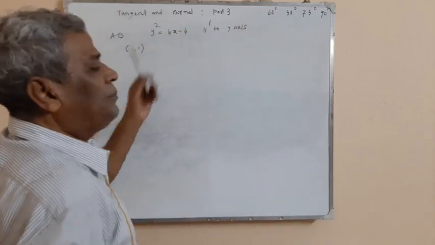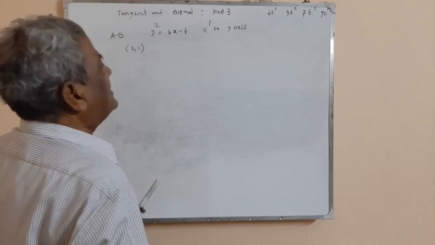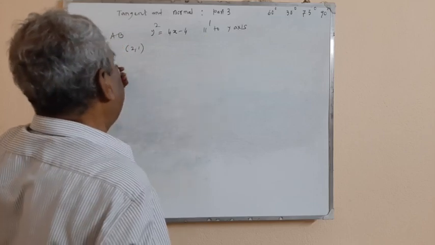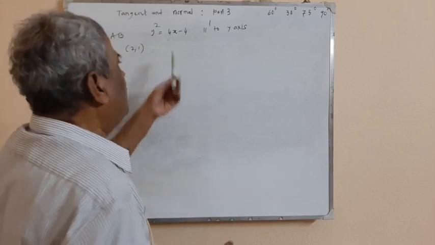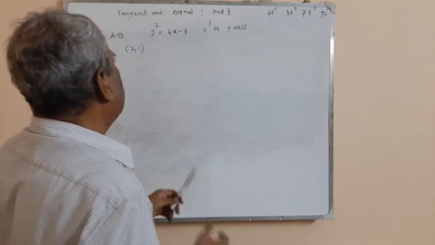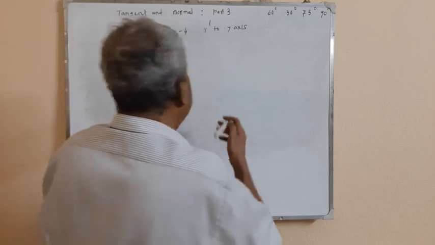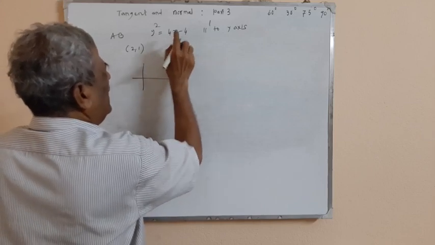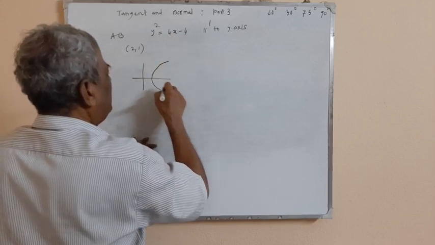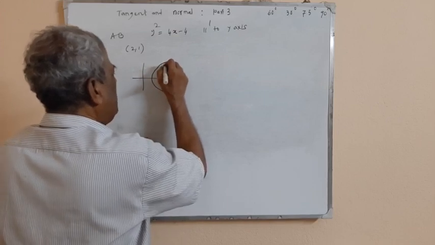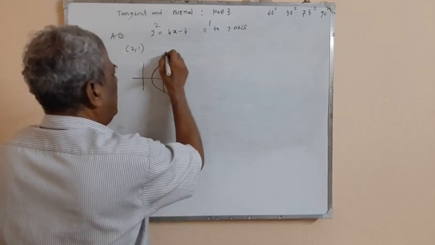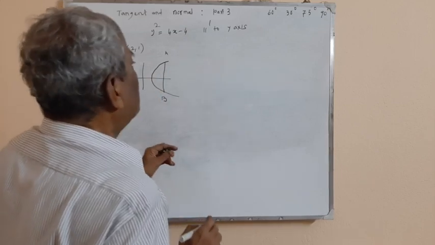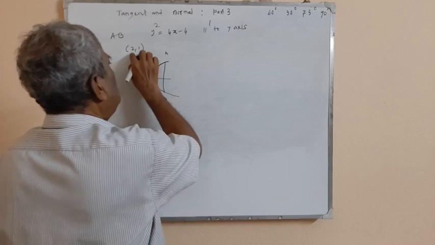This is the parabola. It has a chord parallel to the y-axis and it is AB. So AB is a chord of that parallel to the y-axis, like that. This passes through the point 2, 1.